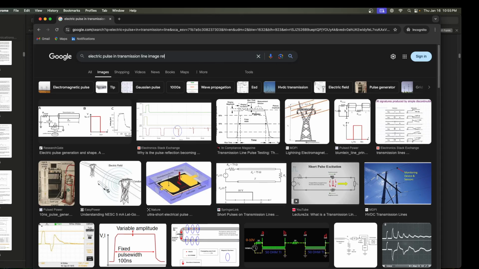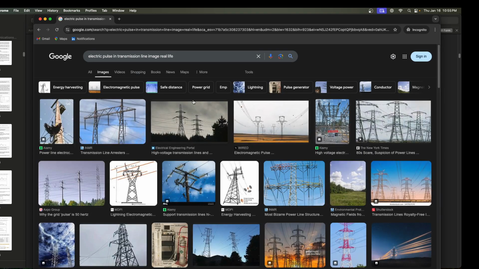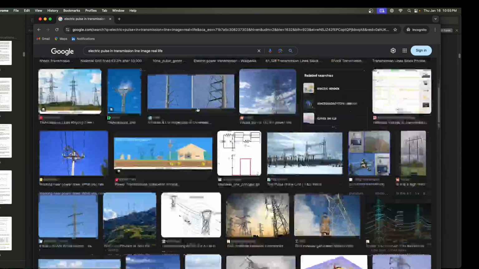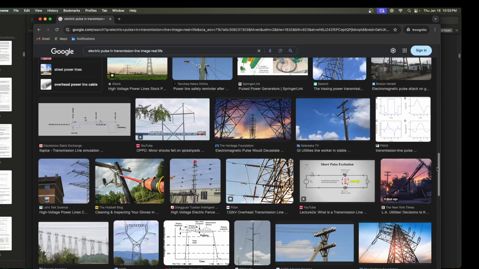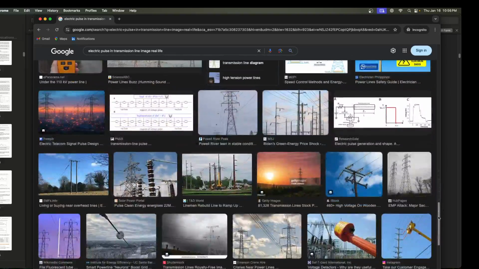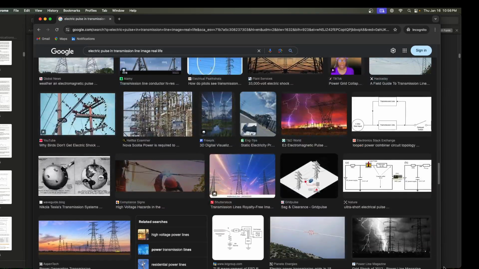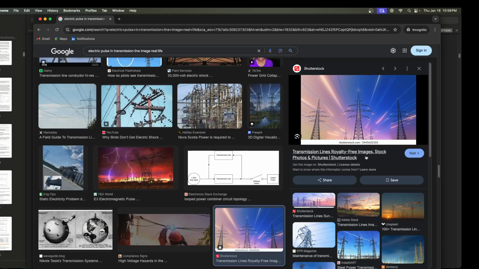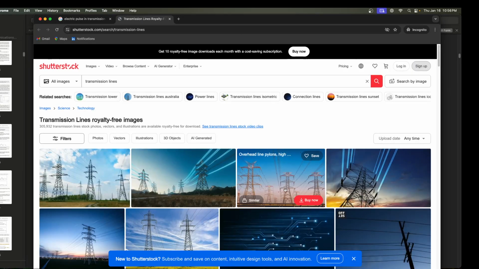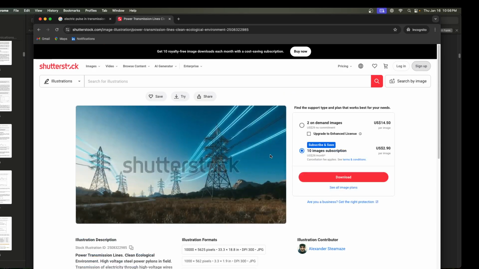Sometimes you can see those pulses. Yeah, see. This is what he's showing: pulses going around. This is a good image. So these are electric pulses going on.